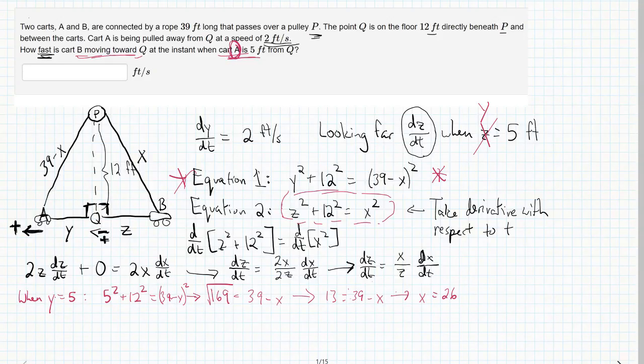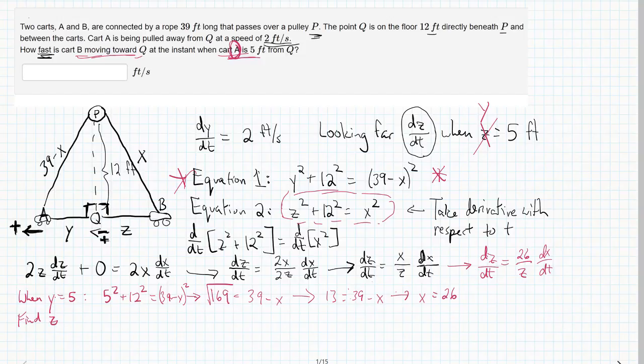So now, going back to the dz/dt, my apologies for that. So this equals 26 over, we'll deal with z in just a second, times dx/dt. So a little bit more work. Now we can get z. That's not too bad. So find z.